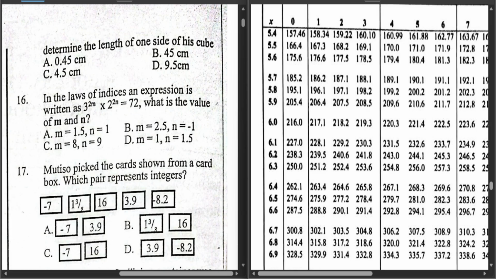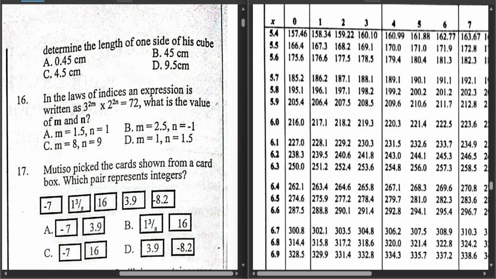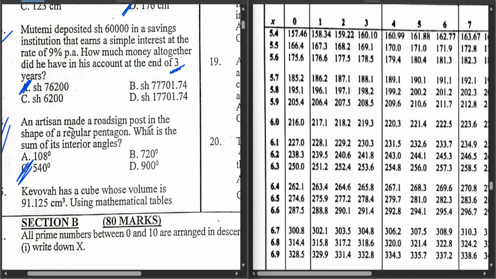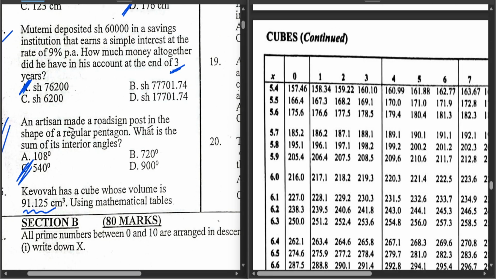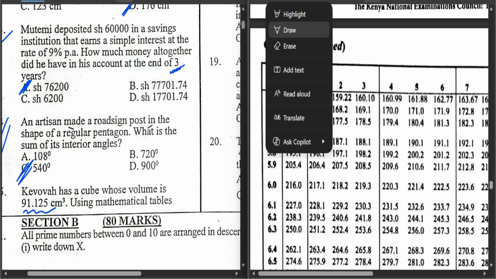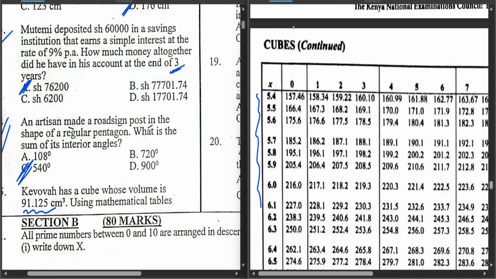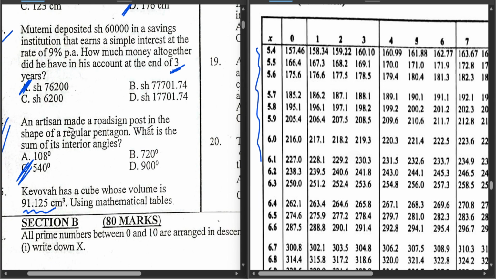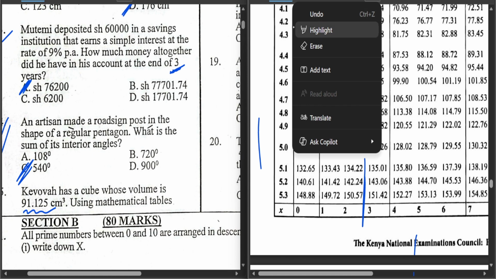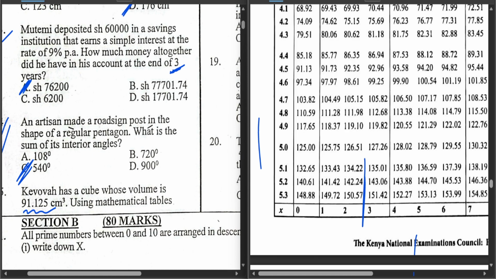So we were searching for the cube root of 91.125. Now you look at the answers, you don't look at this part. Okay, now let me show you. Don't look at this part, just look at the answers. So you search for 91.125. Let me use a razor for now.